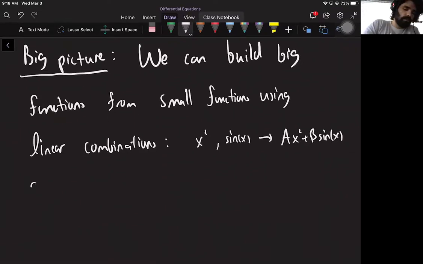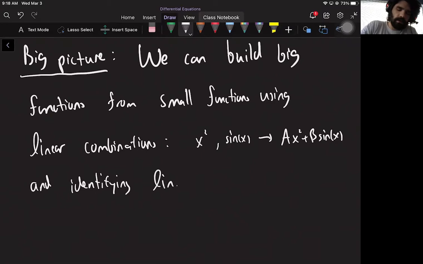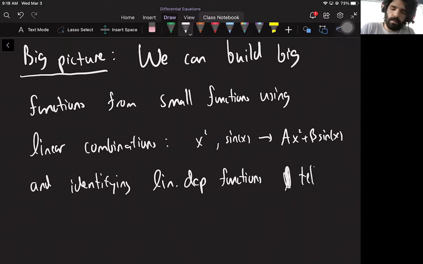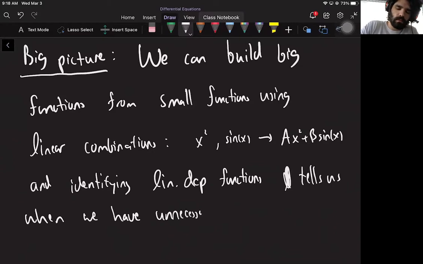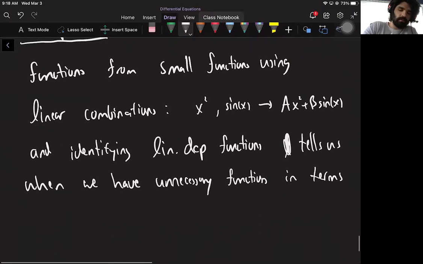And then the point of independence and dependence. So identifying linearly dependent functions tells us when we have an extra function that we don't need, basically, when it comes to building new things. So unnecessary in terms of building blocks.